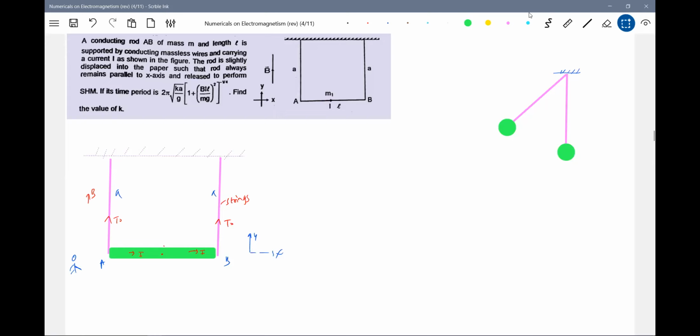It is being displaced, so again the conditions are the same. The B bar was acting vertically, and now also it acts vertically. What are the forces acting? Gravity Mg, and some tension; I'll call the tension force F, F naught, because the time period will get confused with this. Some force F. How will the BIL force act? Here, the current will be into the plane.